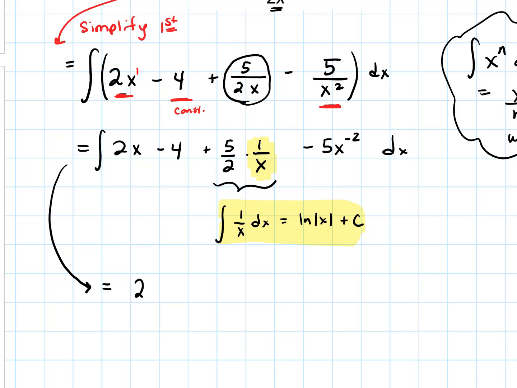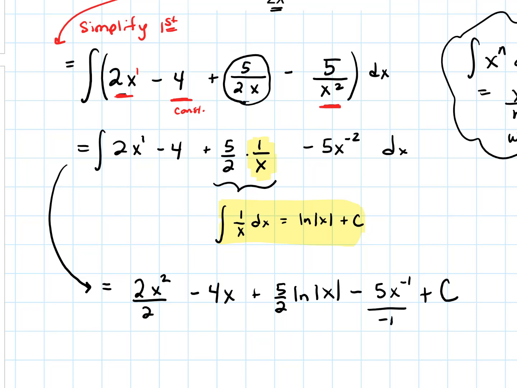So we'll get 2 x squared over 2, because remember that was x to the first, minus 4x plus 5 halves times the natural log of the absolute value of x, minus 5x to the -1 over -1, plus a constant here. And that general antiderivative will always have that plus c on it, because if I were to check and take the derivative, the derivative of c would be 0.